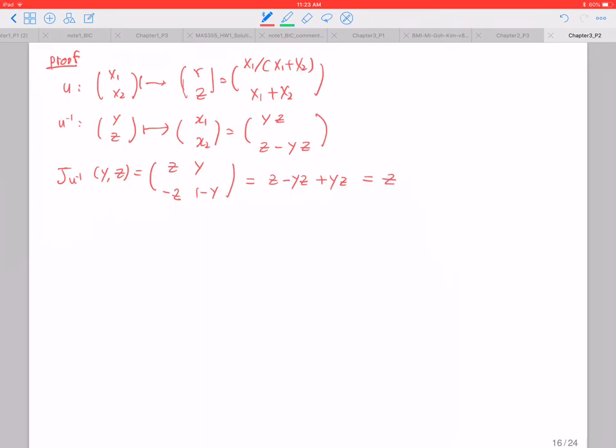So that is one to one, from A, which is x1, x2 positive, to B, which is y and z, and that is positive, something like that.